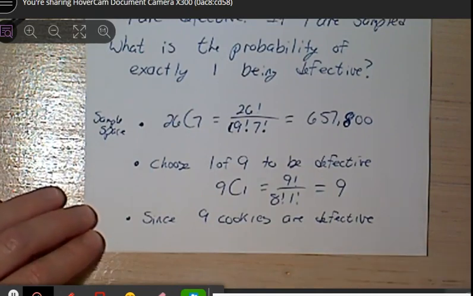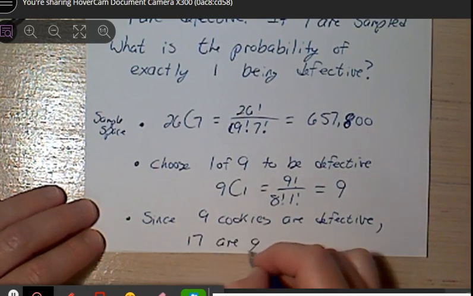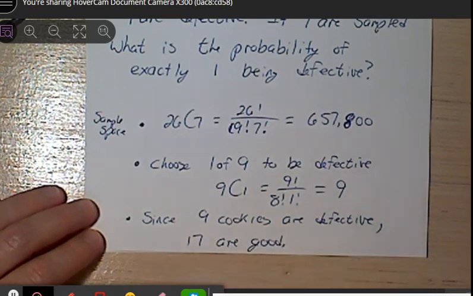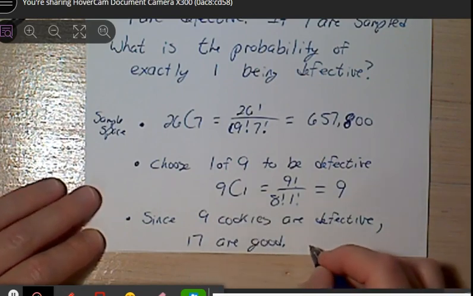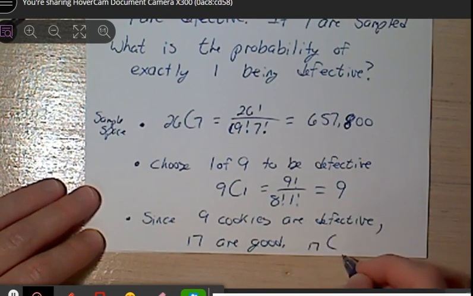Since 9 of the 26 cookies are defective, that means that 17 of the cookies are good. So of the 9 cookies that were defective, we were only picking 1. Of the 17 that are good, we're going to pick 6.